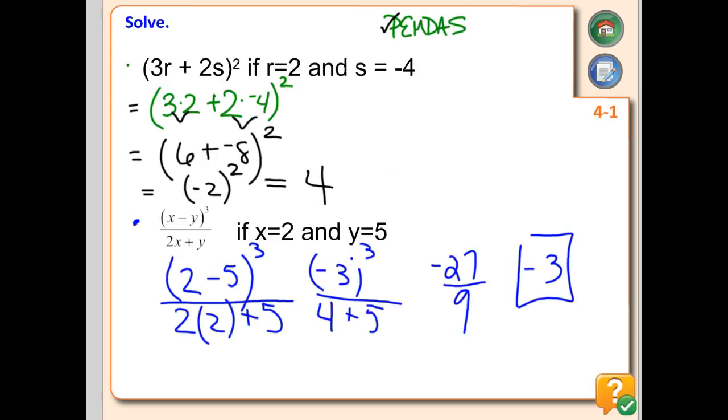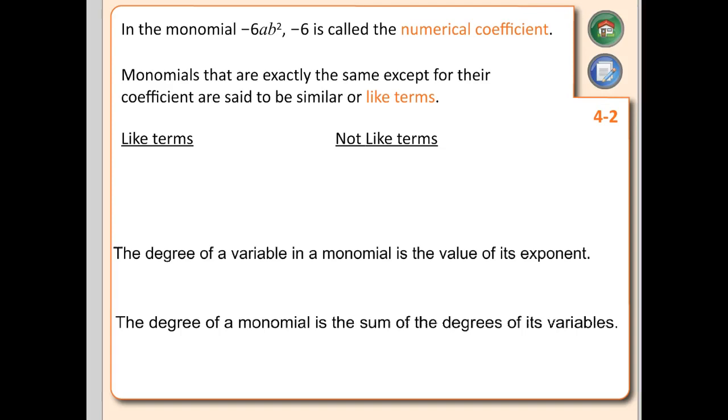Now, in the monomial negative 6ab squared, we're going to see that negative 6, that number out in front, is called the numerical coefficient. Now, we've heard that term coefficient before.